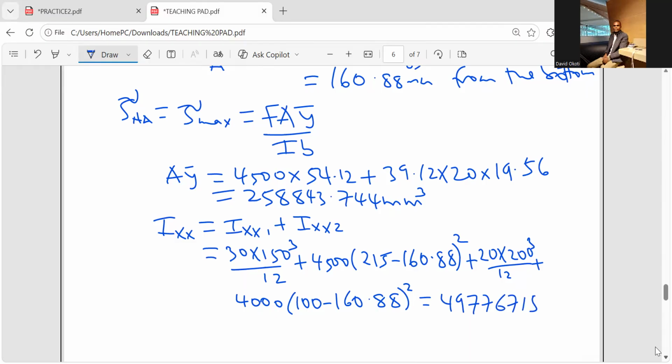Allow me to ignore the decimal part, millimeter to the power 4.